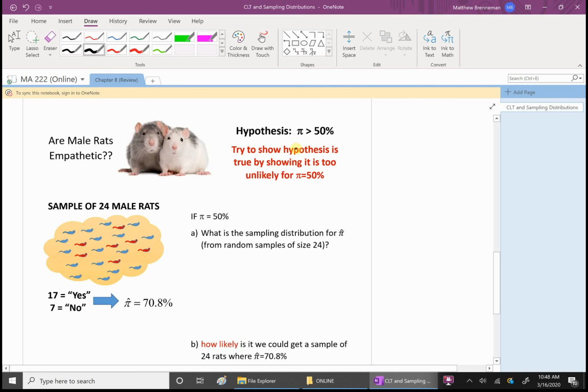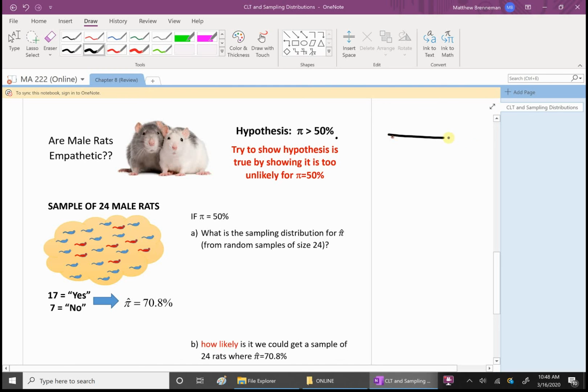And we defined empathetic as being when the percentage of male rats in the population who would open the door is greater than 50%. So we morphed this kind of vague question into a specific statistical question. And the way that we try to show that in statistics is we try to show that it's too unlikely that it could be 50%. And then basically if it's too unlikely that it could be 50%, the only alternative is that it has to be greater than. All right.